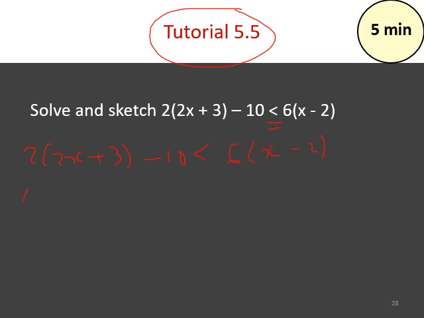We're going to expand it in order to make things organized. We will pull all the x's to the left hand side and all the numbers to the right hand side.